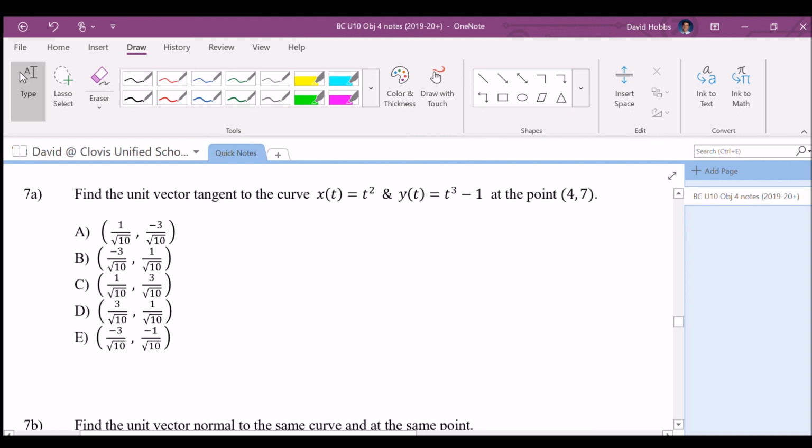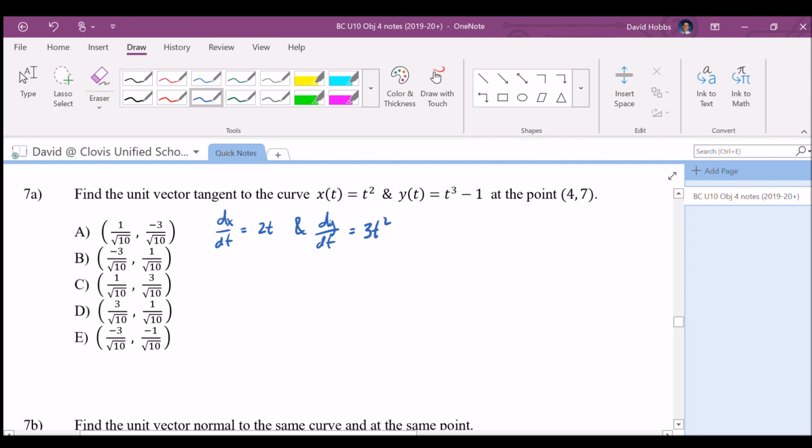So we need dx/dt and dy/dt. dx/dt is 2t, and dy/dt is 3t squared.